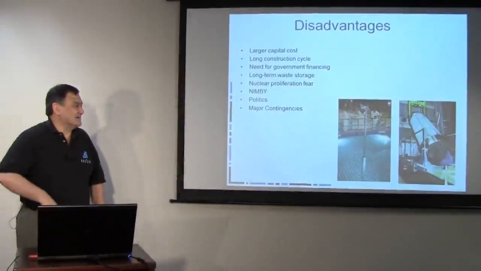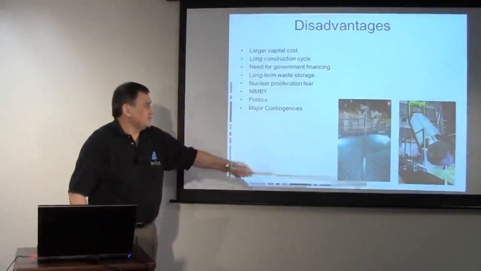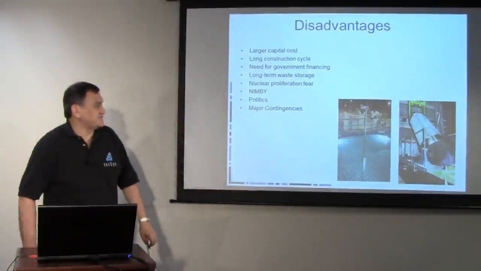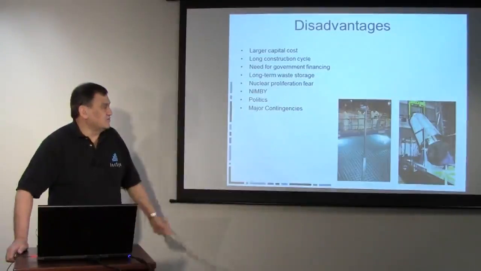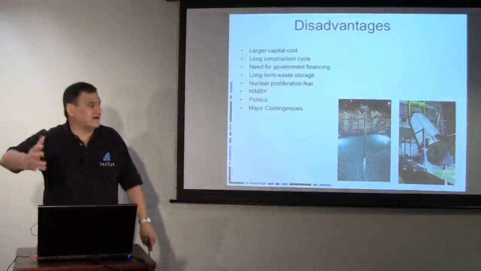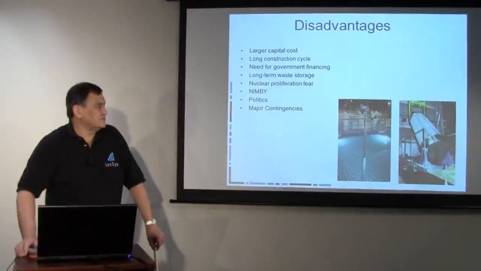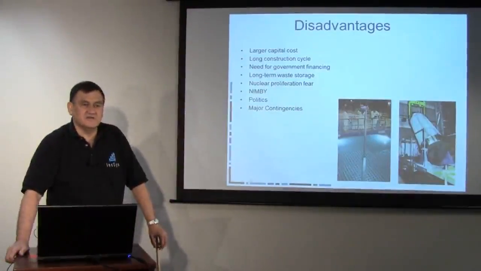So this shows the pool for storing the fuel after it has been spent, and there has to be cycling of clean water through that to keep the temperature reduced, because the spent fuel is still going through a much lower level fissioning process and giving off heat.